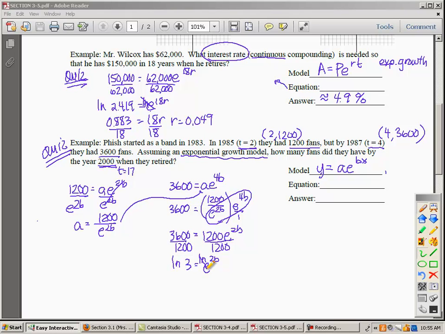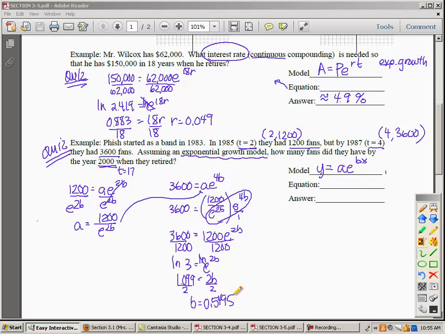Once I natural log, this cancels out. The natural log of 3 is about 1.099 equals 2b. So when I divide by 2, b is approximately, and I'm going to go out a little farther just based on what the decimal says, 0.5495, just because I didn't want to have to round a little closer.